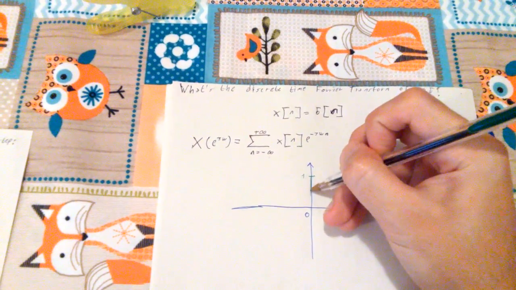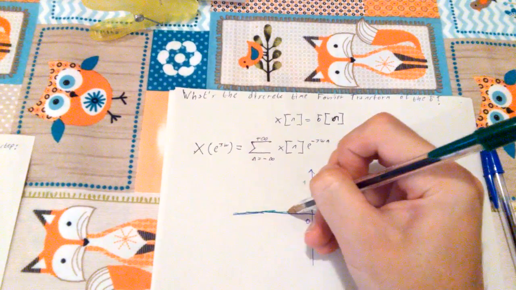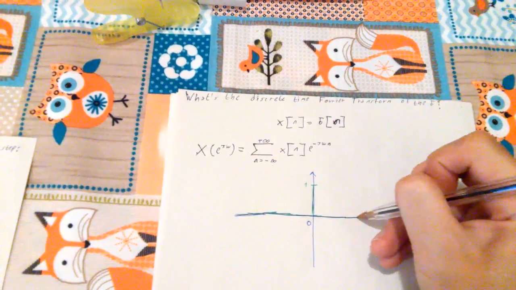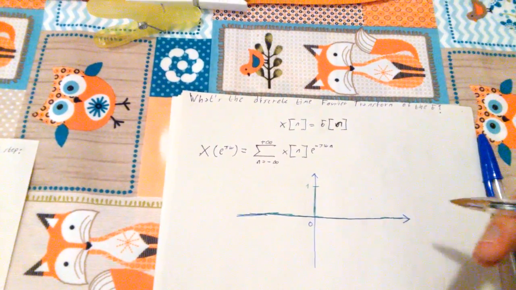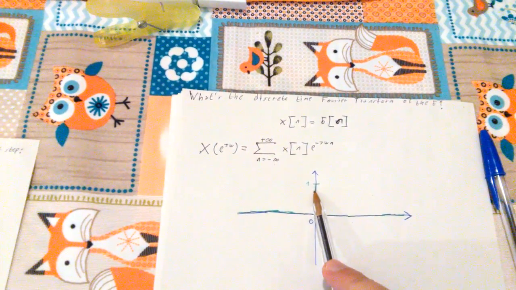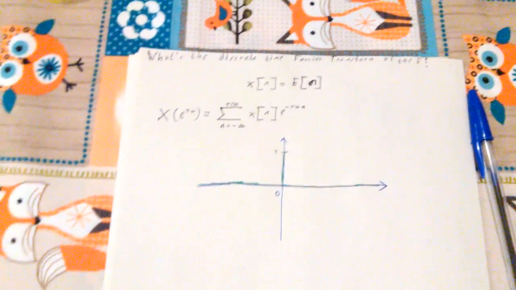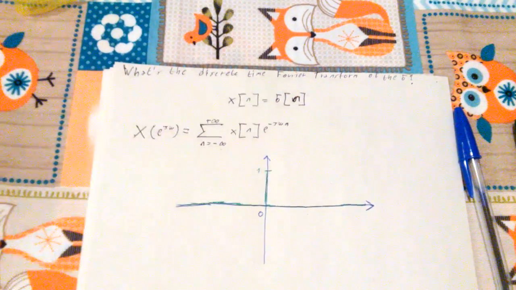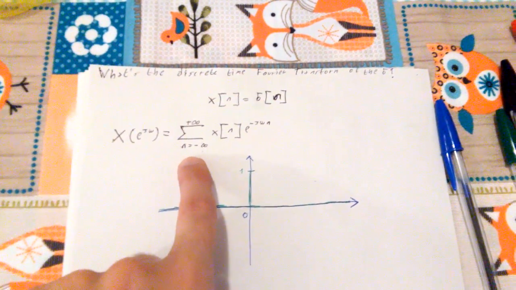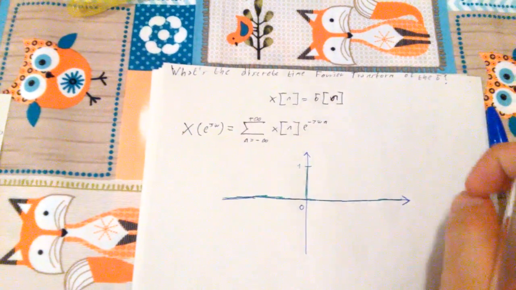So at 0 it's actually 1, but everywhere else it's just 0. What does it mean? Well, it basically means that this sum is not a sum. Let me just elaborate that.